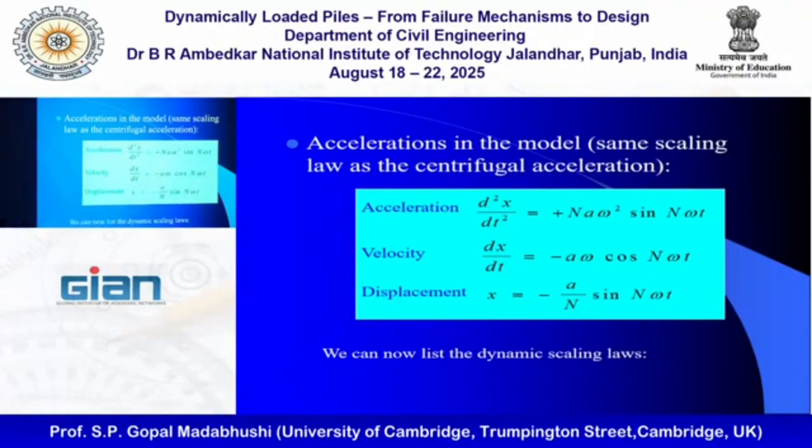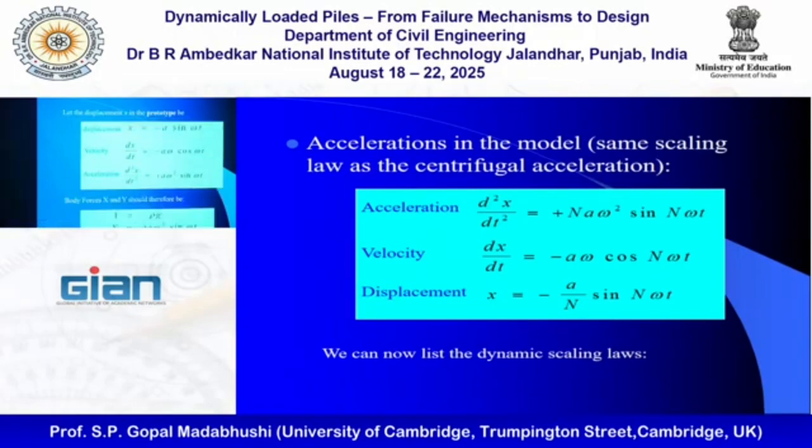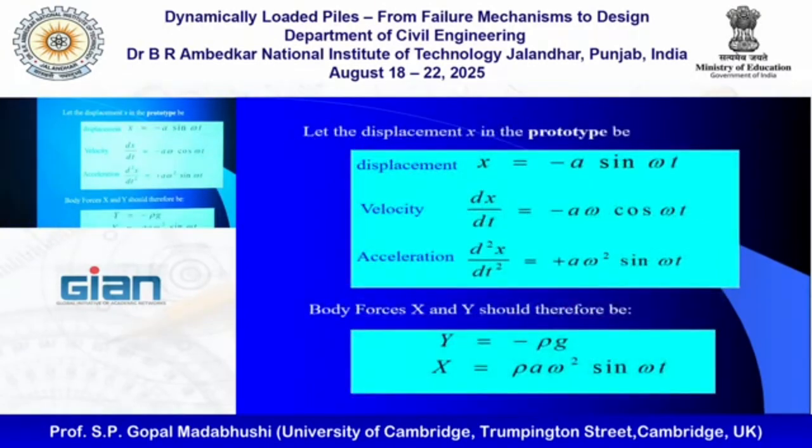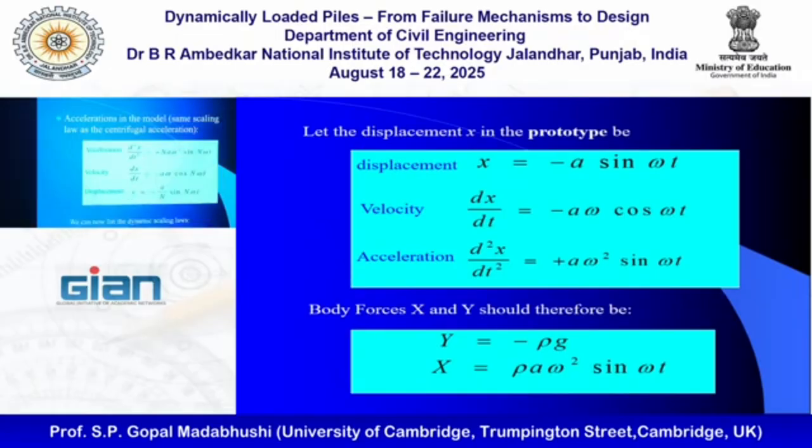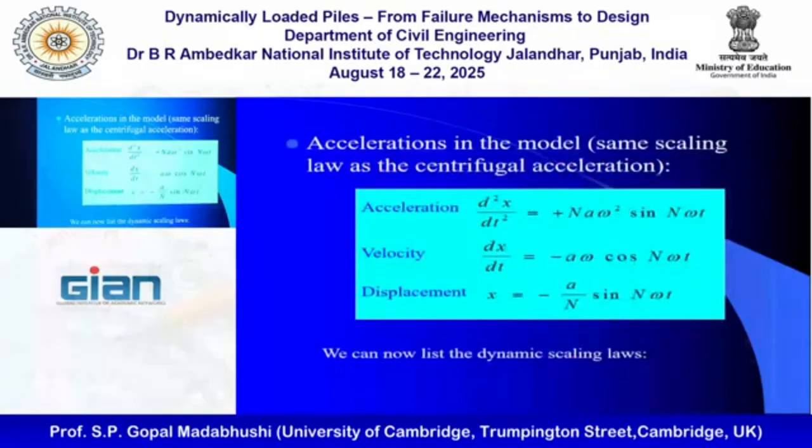If I go back to the previous slide, frequency was omega t. Here, frequency is n omega t. And this is a bit unfortunate. This is not working in our favor.